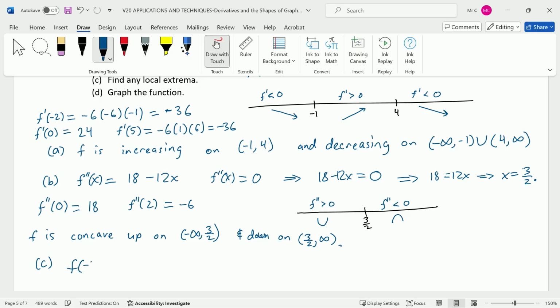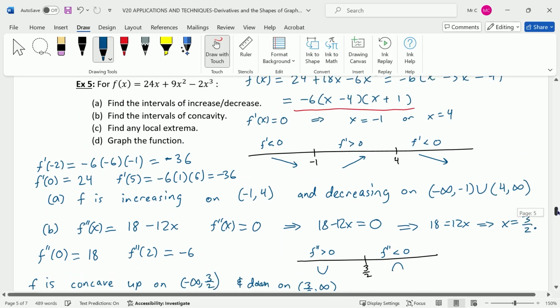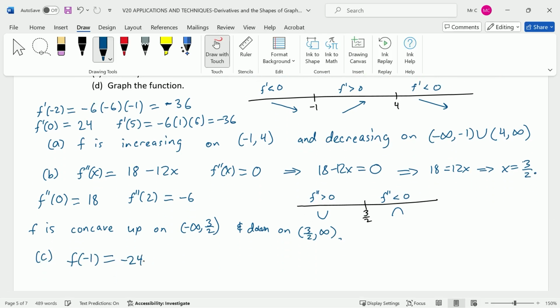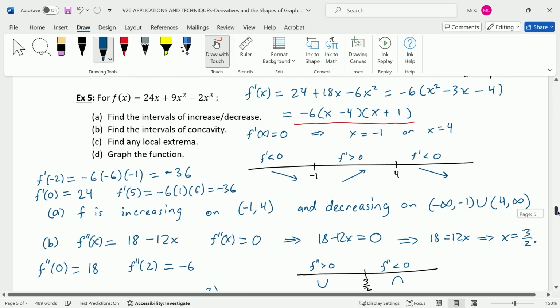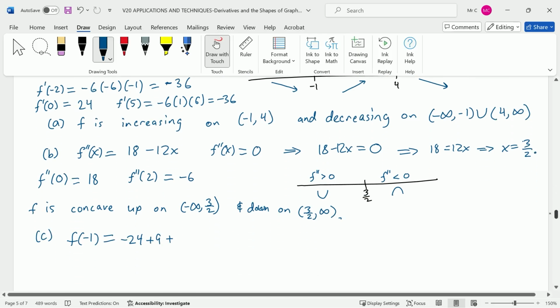So f of -1, and we do need to plug that in and evaluate it. That's going to be -24 plus 9 plus, that'll be -2 times a -1. That's going to be a +2.